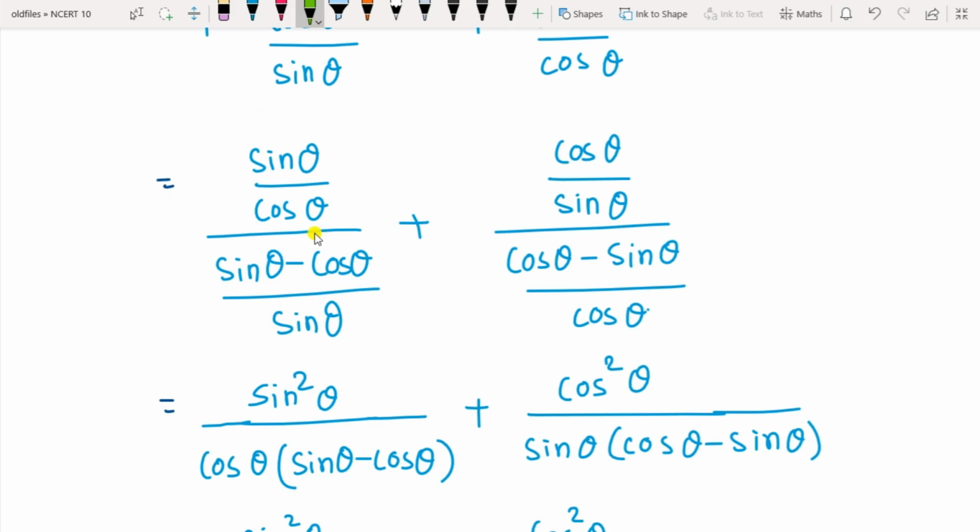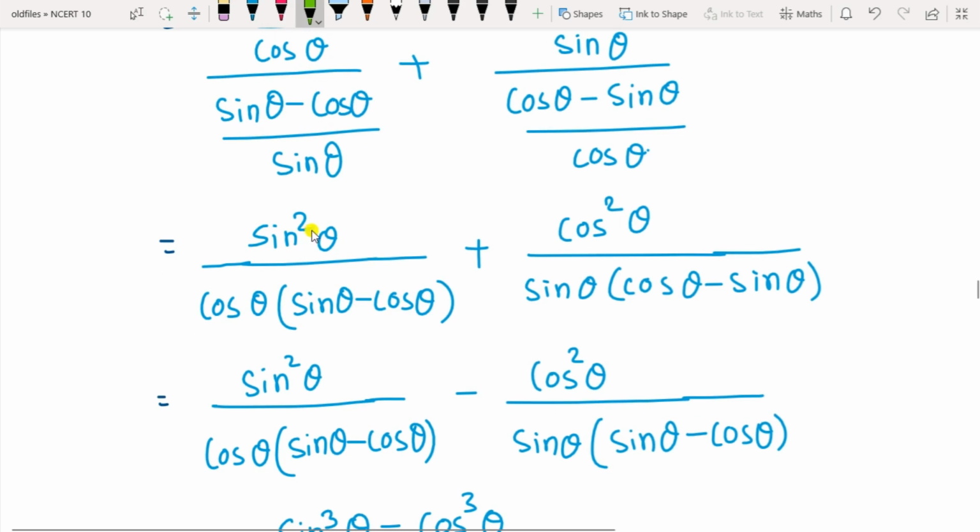So this will be sin square theta upon cos theta (sin minus cos), and cos square theta upon sin theta (cos minus sin). Now this is sin minus cos and this is cos minus sin here. So take this minus sign outside, so this will change to sin minus cos. Instead of cos minus sin, you can write sin minus cos, as you have changed this sign.